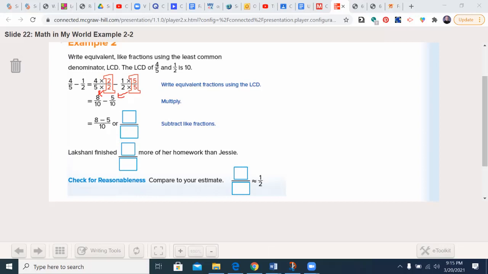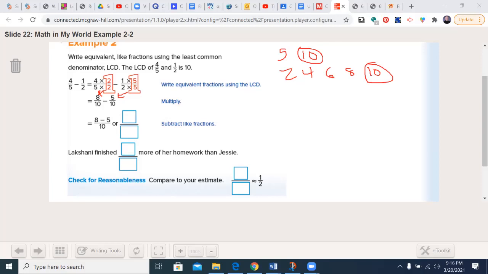We had to make sure that both of them were 10s because the least common multiple of 5 and 2 is 10. And just remember, for least common multiples we just skip count. 5, 10. 2, 4, 6, 8, 10. And that's the first one that's in both.